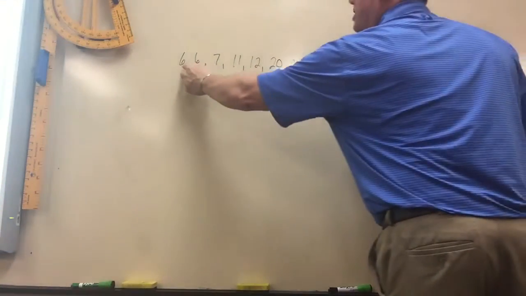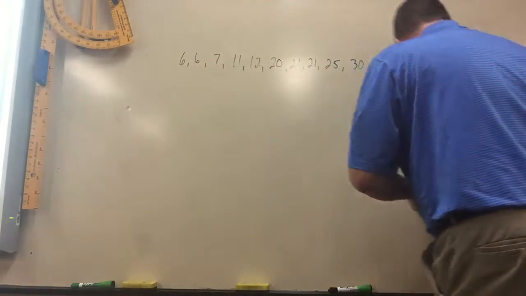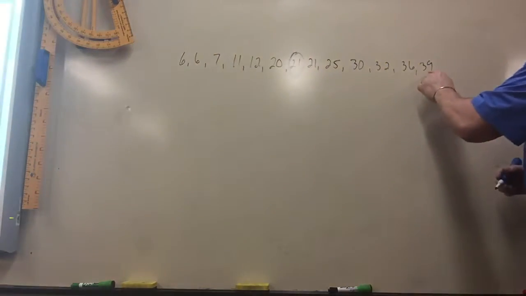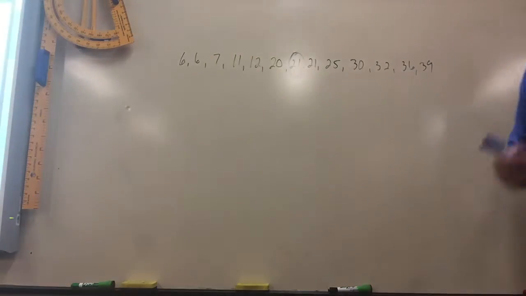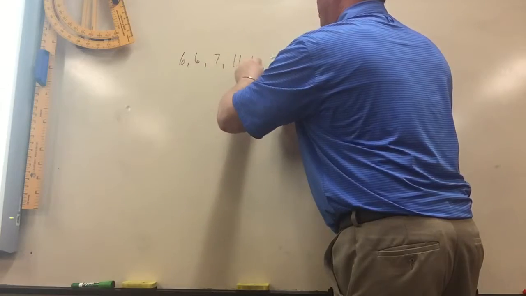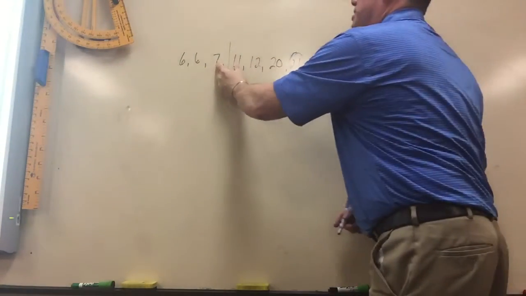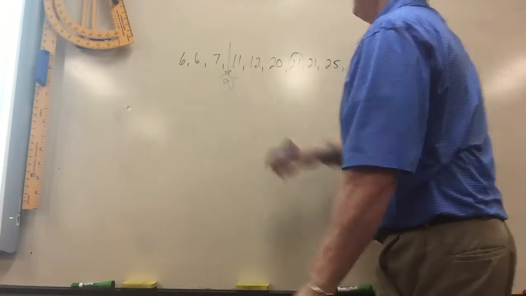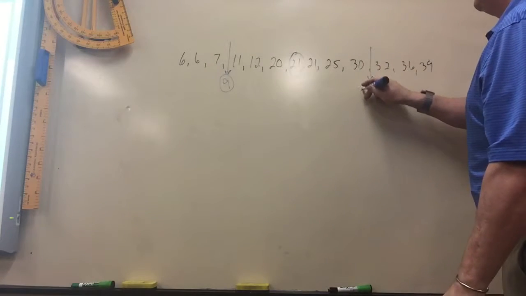So if you count in 6, 1, 2, 3, 4, 5, 6, that would be the middle, because then I'd have 6 here, 1, 2, 3, 4, 5, 6. Then you got to find the first quartile, which is just the middle of this. 1, 2, 3, 4, 5, 6. So that would be in between these two. 7 plus 11 is 18. Divided by 2 is 9. Then 1, 2, 3. So between 30 and 32 is 31.